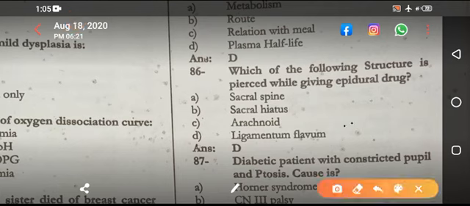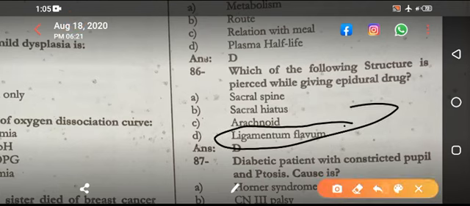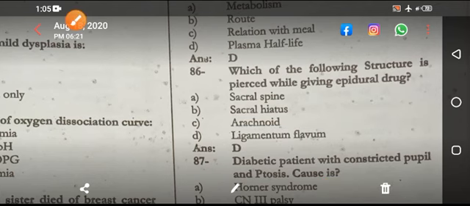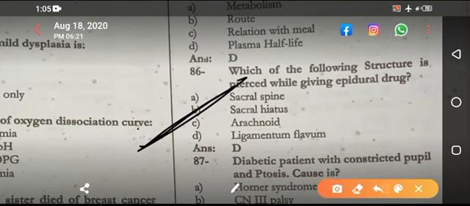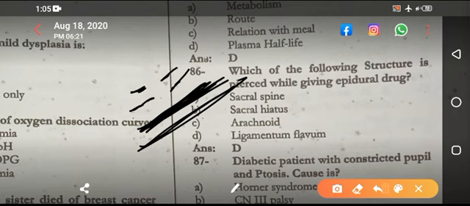That is ligamentum flavum. You go through ligamentum flavum. First, you go through the skin. The first layer is skin, then the subcutaneous tissues, then supraspinous ligament. This is actually the supraspinous ligament. Then the interspinous ligament, and then you are having ligamentum flavum, and then after the ligamentum flavum you are having the epidural space.